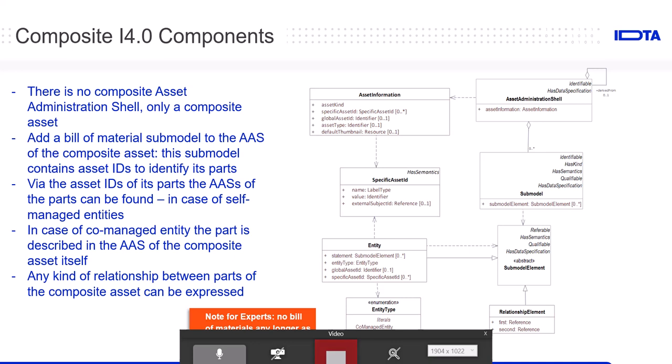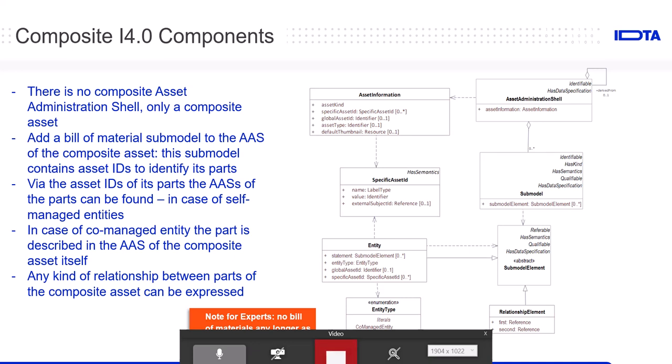The asset might be complex and composite, but then you probably do have a submodel bill of materials. In previous versions of the specifications, we even had an attribute in asset information where the bill of material was referenced, so that you know it's composite. Now we don't have it anymore.